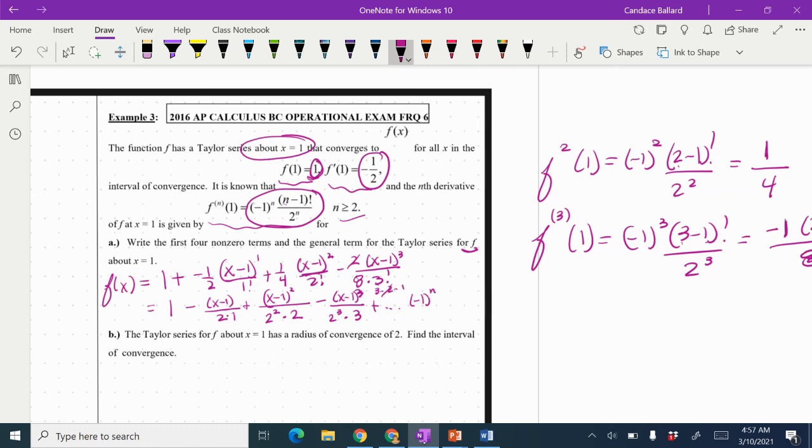Then it's looking like my numerators are all x minus 1 to the n. And then we're dividing by, look at this, 2 to the first, 2 to the second, 2 to the third, so it's looking like it's the n. So 2 to the n. And then this also looks like the n value there. So times n would be our general term.